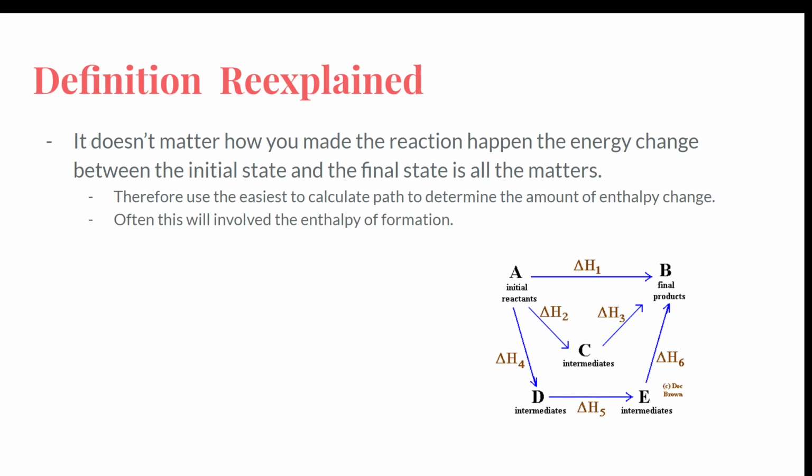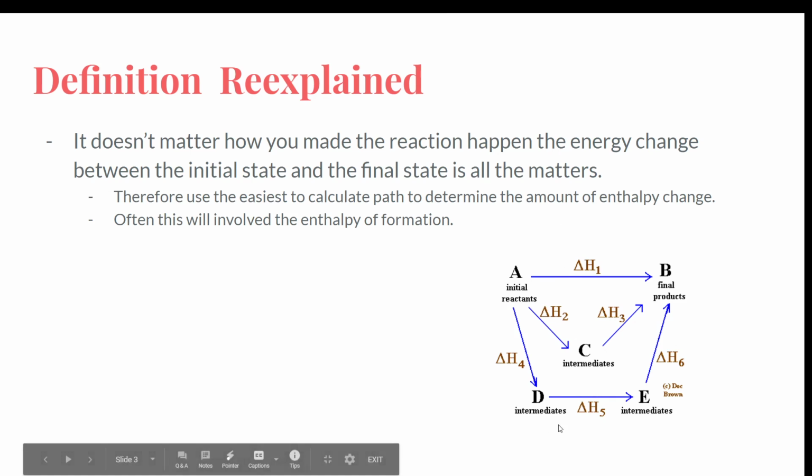Therefore, we are going to want to make sure that we use the easiest to calculate path to determine the amount of enthalpy change. So, this is a diagram that we're going to use to help explain it.